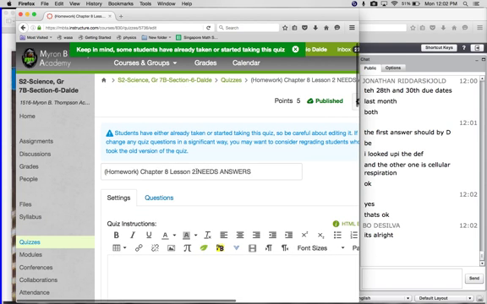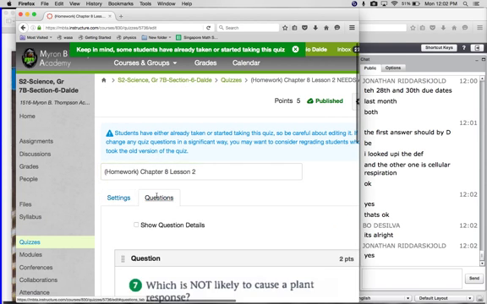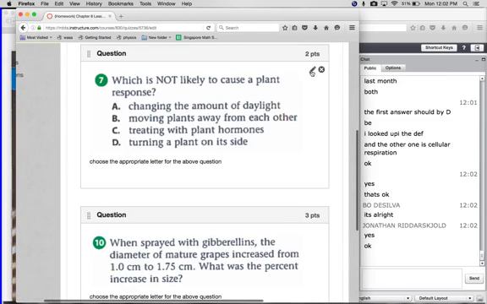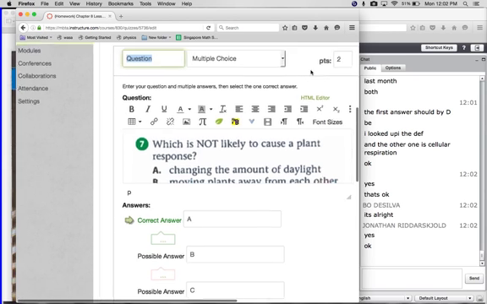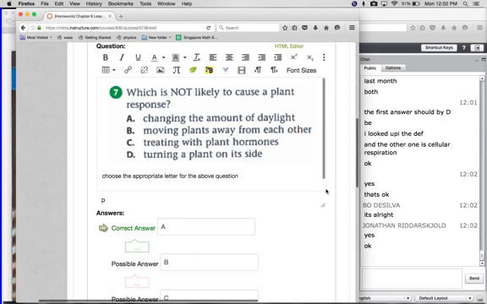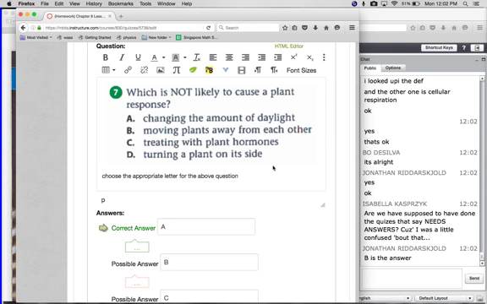Oh, you notice how it says it needs answers? I guess I didn't see that, so I forgot that it needs answers. All right, let's see. Which is not likely to cause a plant's response? Changing the daylight, moving the plants away from each other.